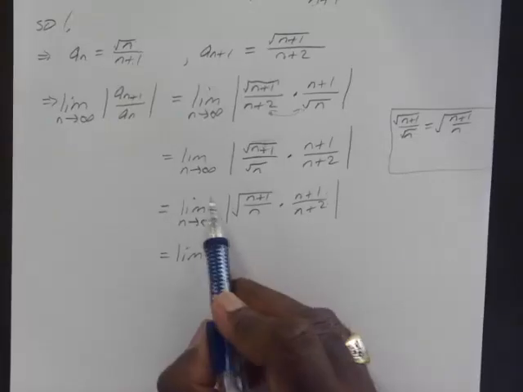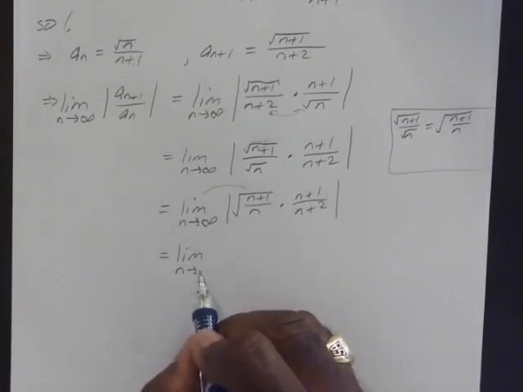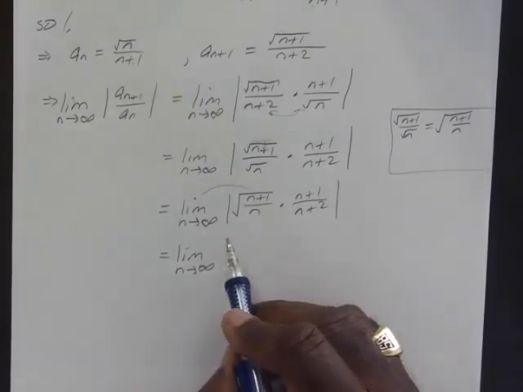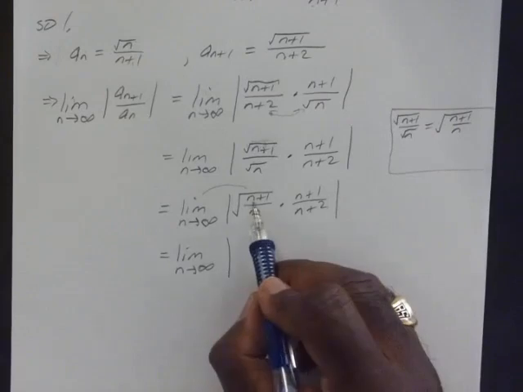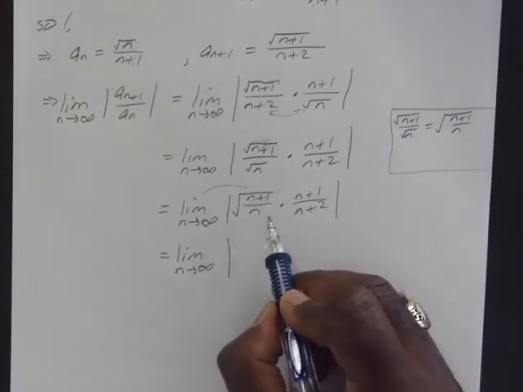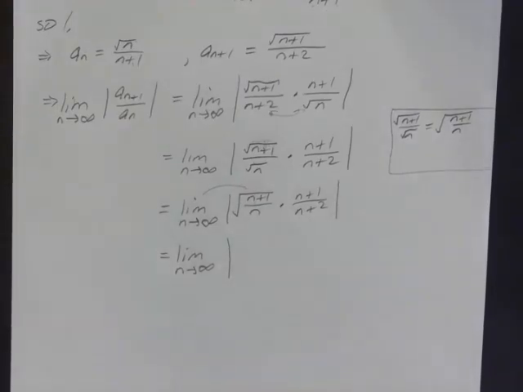Okay, so to simplify each one, you have the limit as n approaches infinity. We're going to divide the whole thing by 1 over square root of n, which just gives us dividing each of these terms by 1 over n.